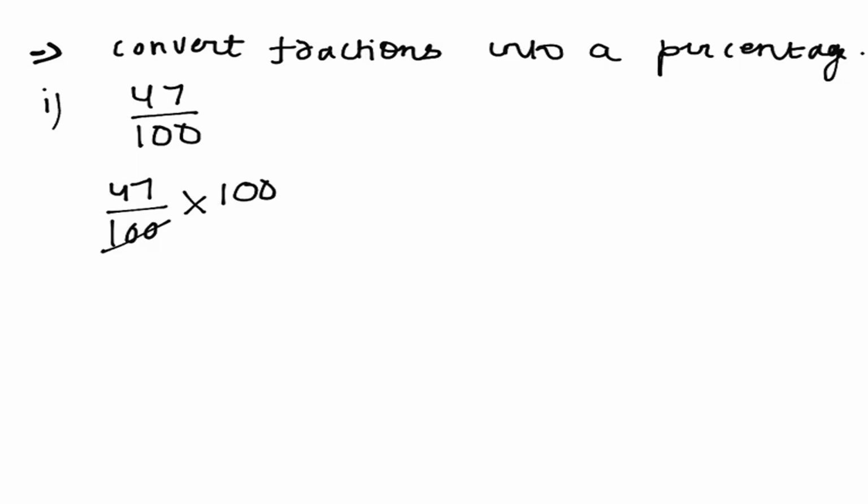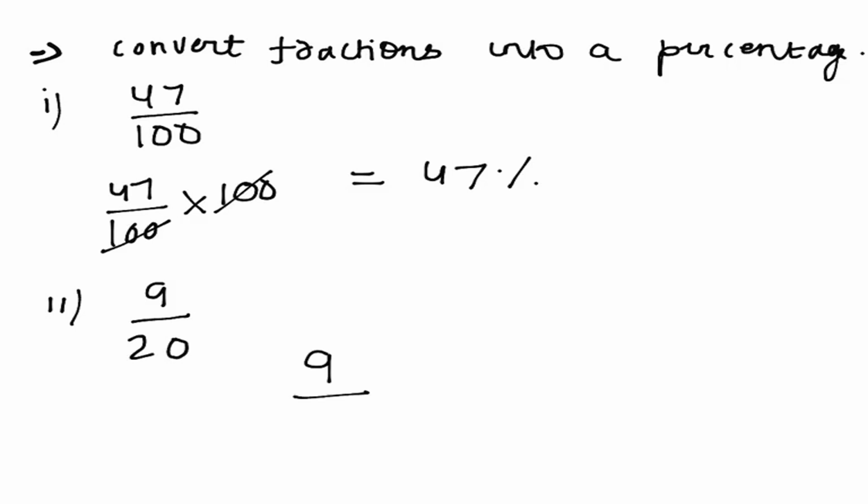So here 100 will be cancelled by 100, so we will be left with 47 and we will put a percentage sign over here. Next we have 9 by 20. So we have to convert it into a percentage. The step will be the same, we will multiply it by 100. Now 100 divided by 20 will give us 5. So we will get 45%.